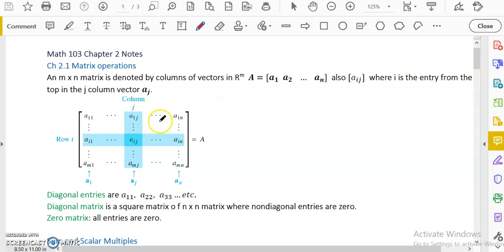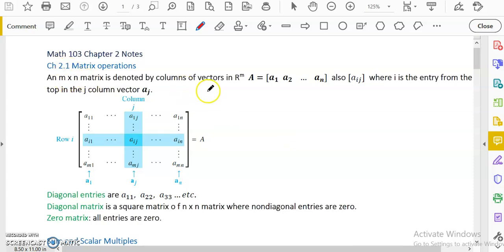So you can treat it as if it is a number and perform arithmetic operations on it. In this chapter, we'll treat a matrix not as associated with vectors or equations, but as an object.